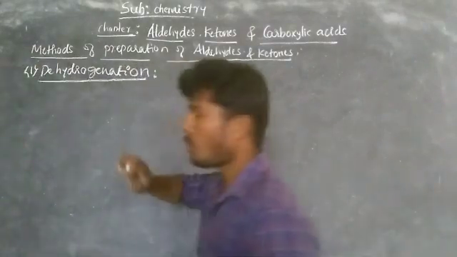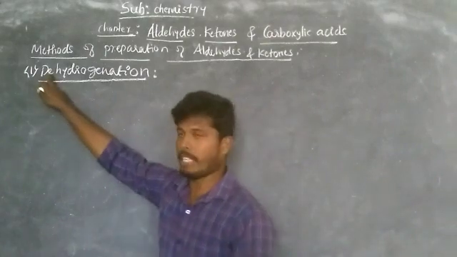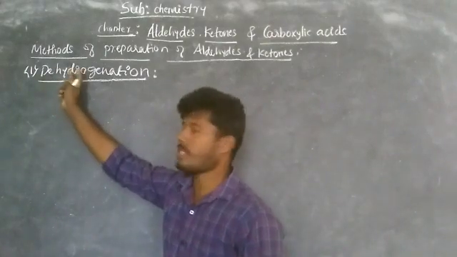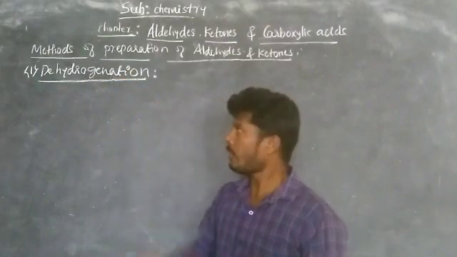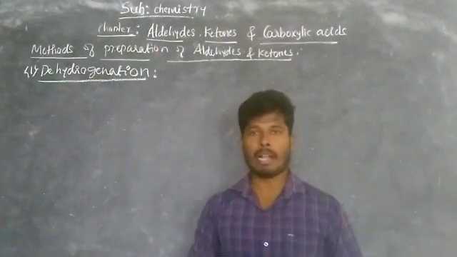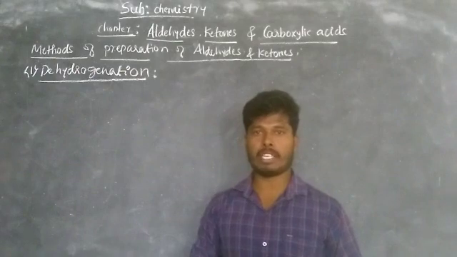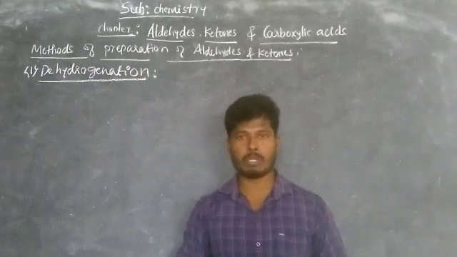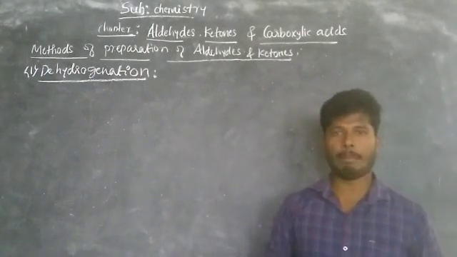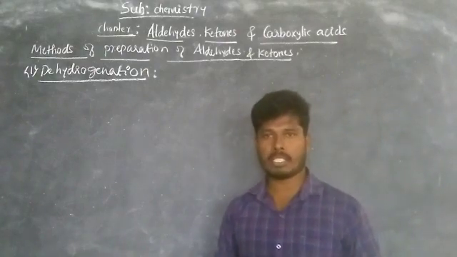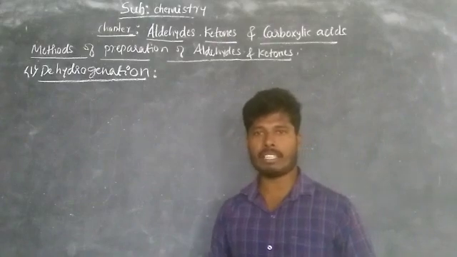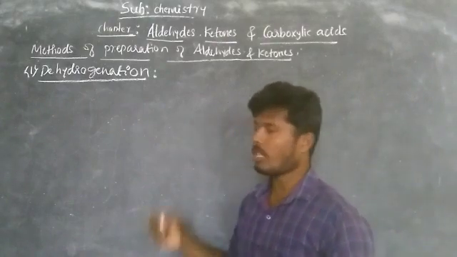Dehydrogenation method. So you know, D means removal, and hydrogen, so removal of hydrogen is called dehydrogenation. Here from alcohols we are preparing aldehydes and ketones by the dehydrogenation process. When the vapors of alcohol are passed through a copper or silver tube at 573 Kelvin, dehydrogenation takes place.